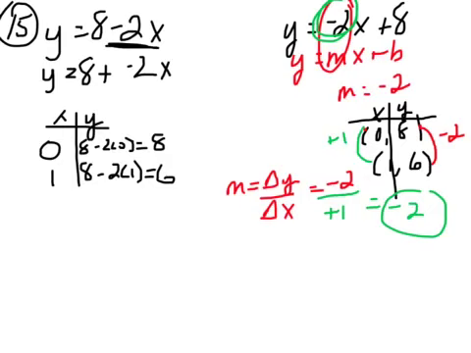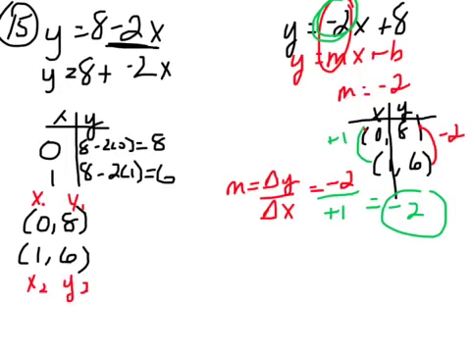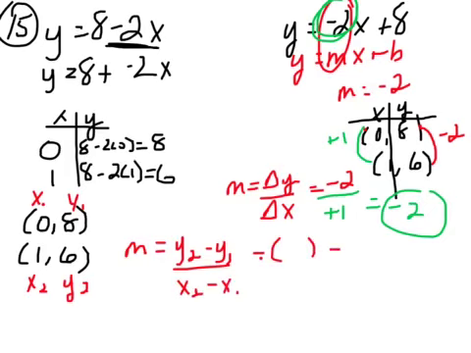Now if I use my slope formula, I'm just going to take those same 2 points, (0, 8) and (1, 6), and let's label them to use the slope formula. Let me call this x1 and this y1, and I'll call this one x2 and this one y2. My slope is y2 minus y1 over x2 minus x1, and I could put parentheses in so I can plug them in and make sure I don't mess up anything.